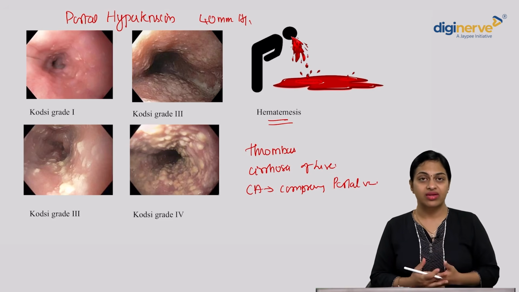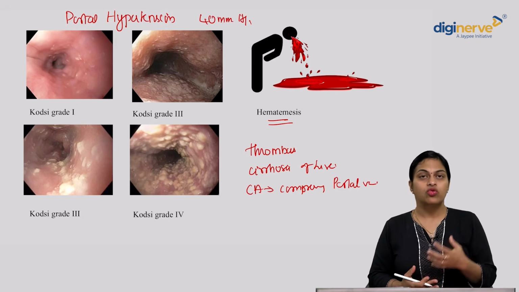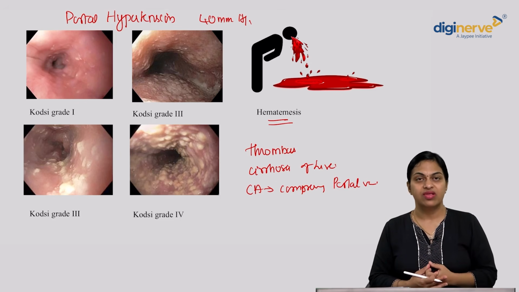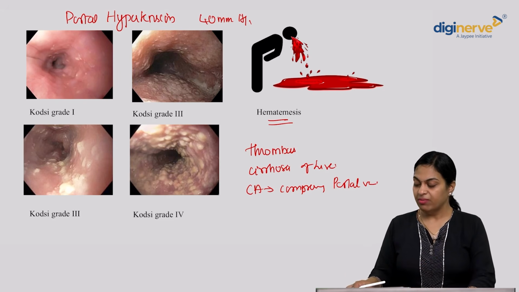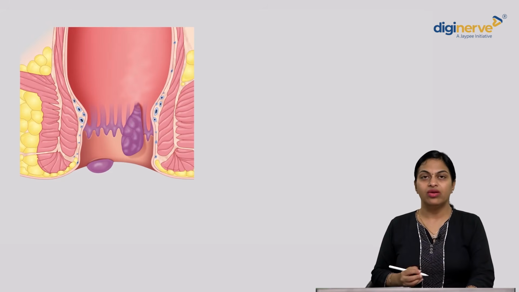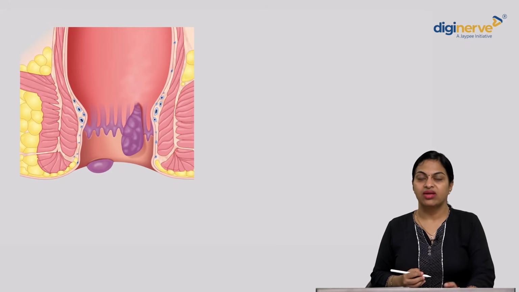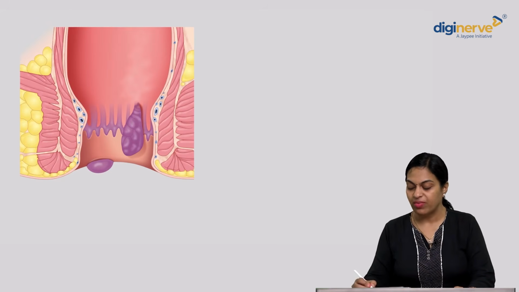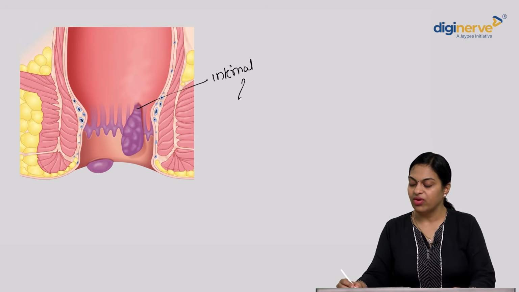It is related behind the head of the pancreas, behind the neck of the pancreas, behind the first part of the duodenum. So carcinoma of the pancreas, a duodenal obstruction, that can compress the portal vein. All that can increase the pressure within the portal vein. Yes, lower end of the rectum and anal canal is another important site of portosystemic anastomosis. So in portal hypertension, we get to see the hemorrhoids here.